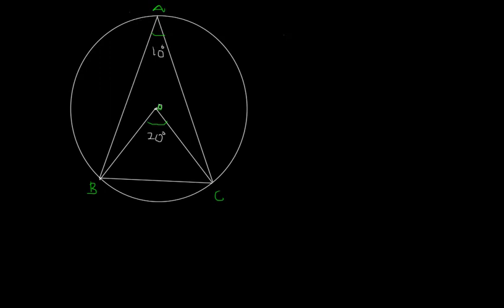Okay? And if I told you this is 40 degrees, then this one is definitely 80 degrees. What if I told you this is 100 degrees? Then what angle is there on top?